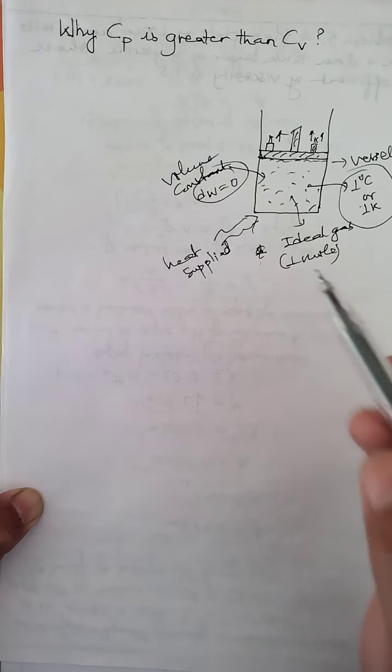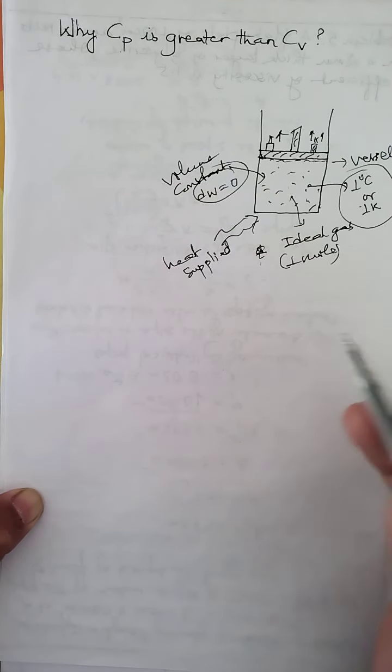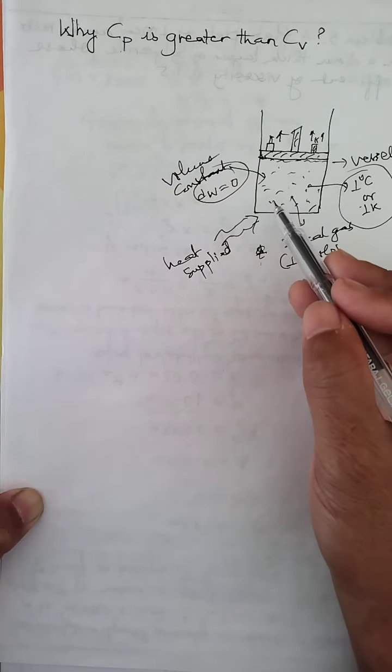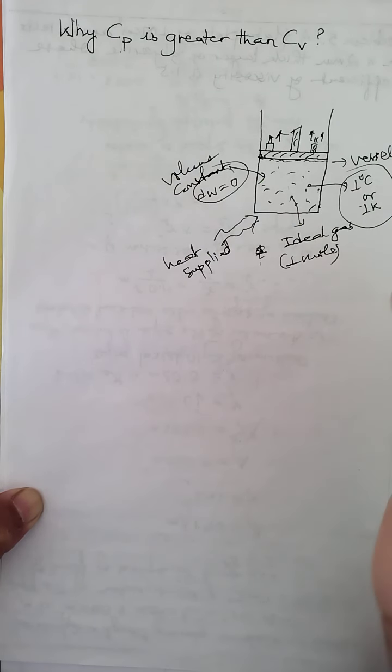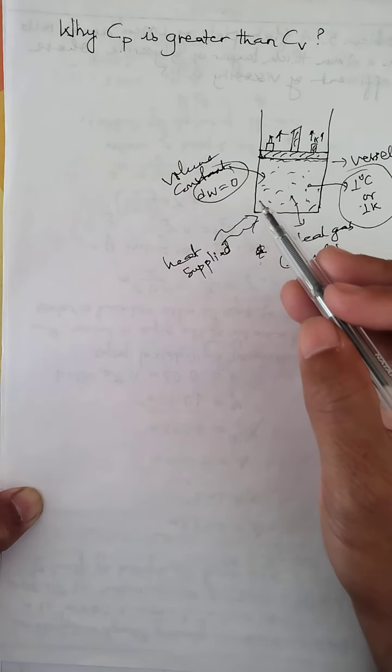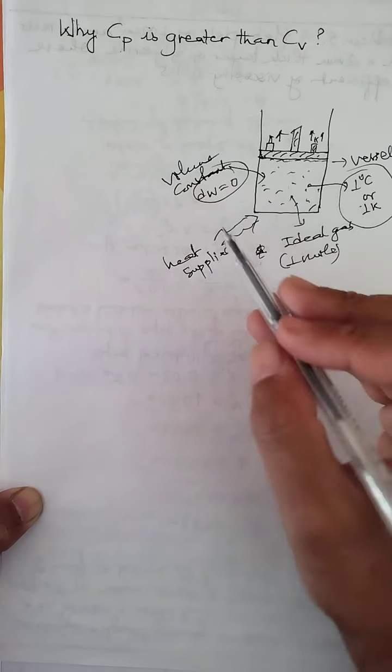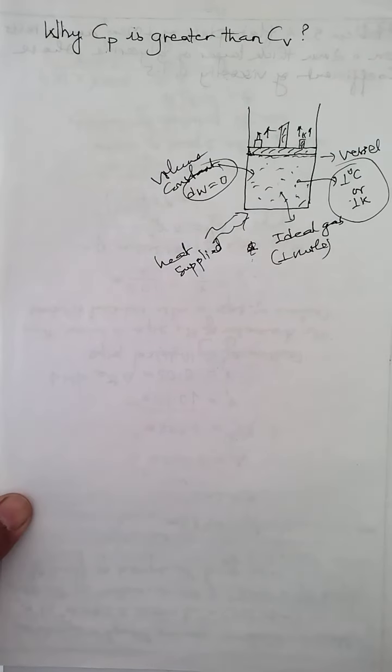As per the definition, the molar specific heat at constant volume is the heat energy required to raise the temperature of 1 mole of a gas through 1 degree Celsius when the volume of the gas remains constant.